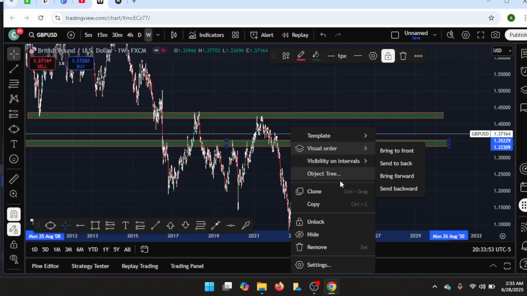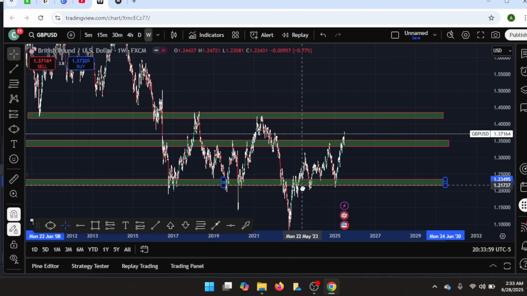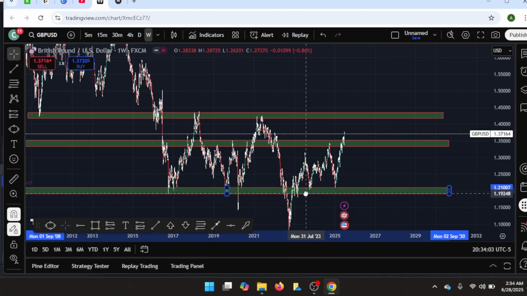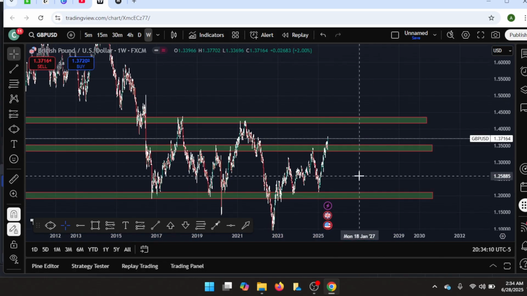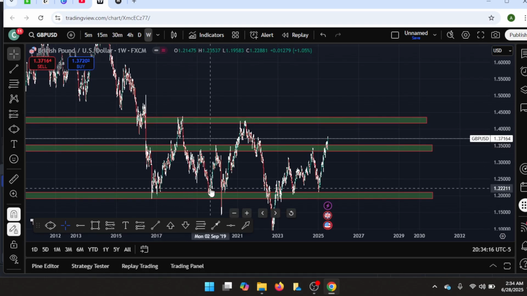Let me just draw this zone. Actually, I don't need it, but it will guide me to see how the market has been reacting. Now look at it. The market came to this zone, rally all the way down.